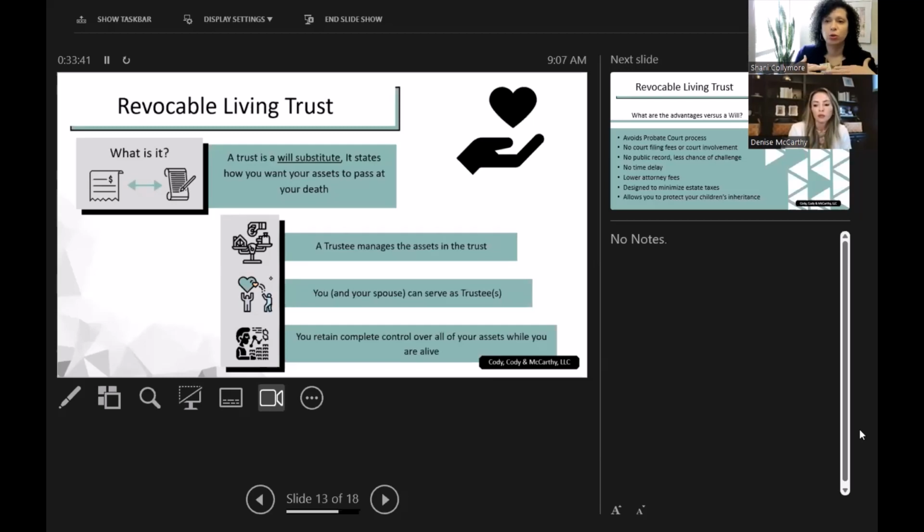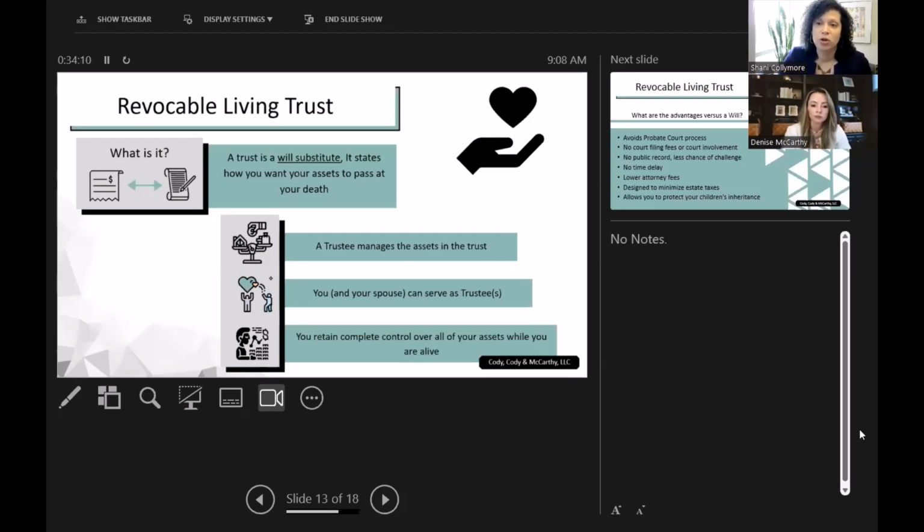So we're going to want to avoid that process. So you're going to be your own trustee while you're alive, and you're just doing whatever you did before, essentially. The only time anything would change with your trust would be if you became incapacitated and could no longer continue serving as trustee. Then your trust document is going to name somebody that's going to step in and become the trustee for you, somebody that you've already chosen and feel comfortable managing assets for you while you're incapacitated.